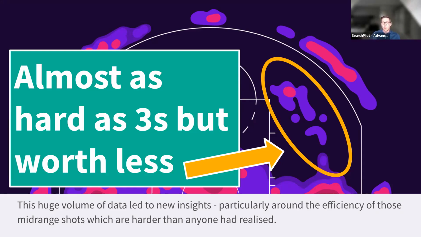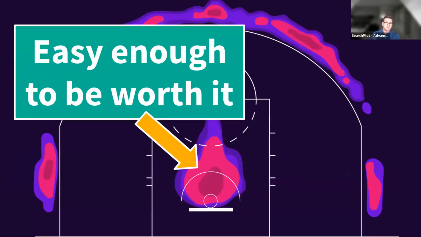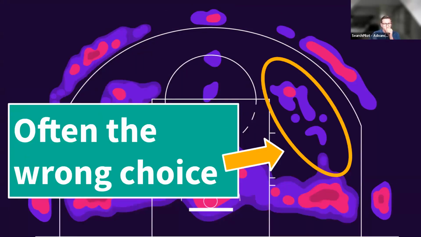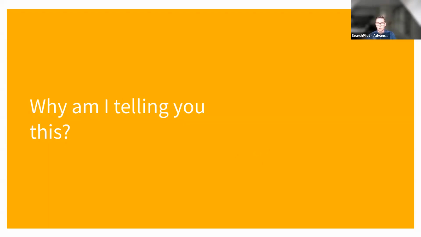That's why we ended up with this completely different heat map now, where basically people just take 3-pointers and dunks and layups. The layups are easy enough to be worth it. And then the outside 3-pointers, although they're harder, are at least rewarded for it by the extra points. And so the insight here is that these mid-range shots are often the wrong shots to be taken.